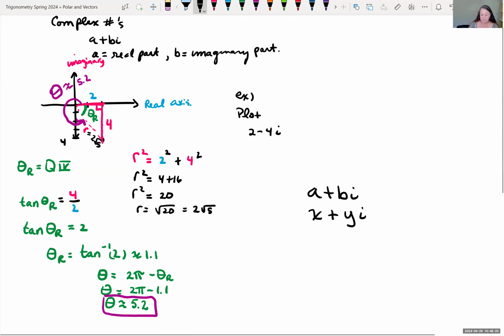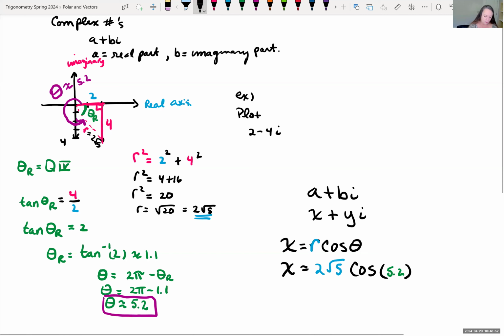If I want to convert this into polar form, recall when we were looking at polar coordinates, our x value was equal to r cosine theta. We found that our r value was 2 root 5, so x is equal to 2 root 5 cosine, and we found that theta was 5.2.